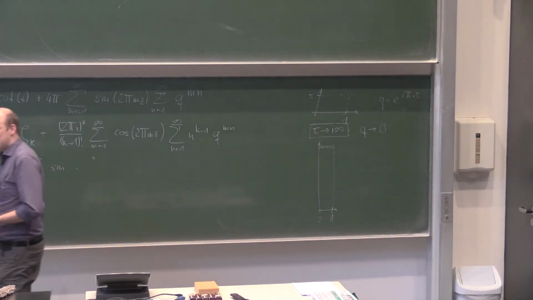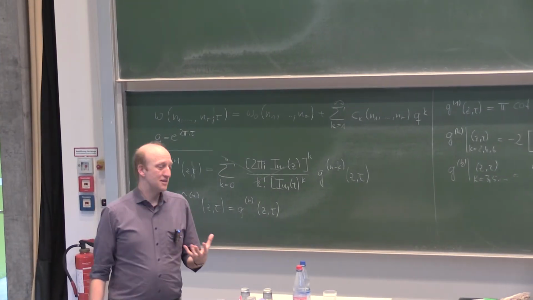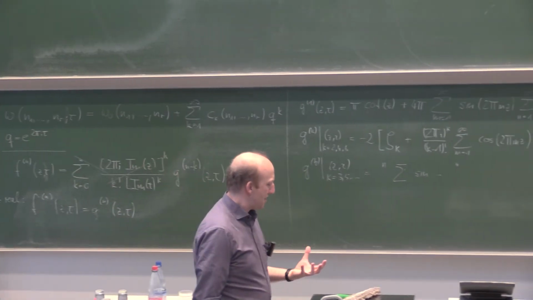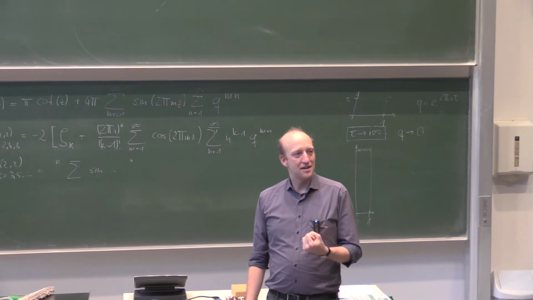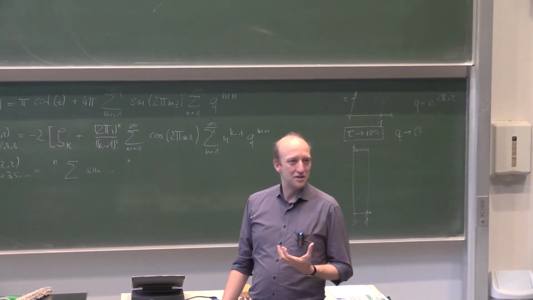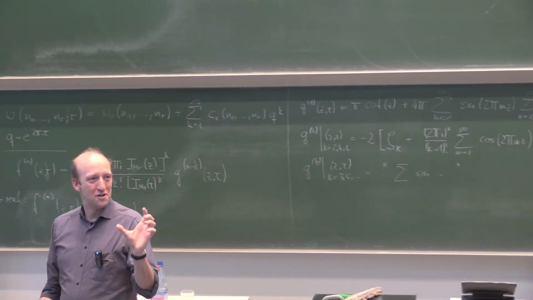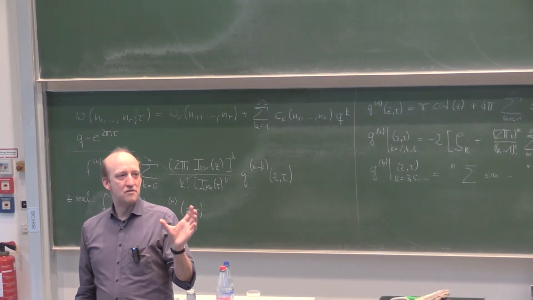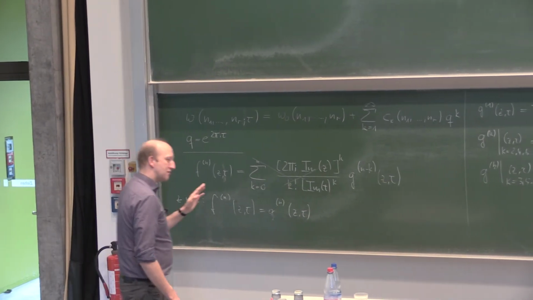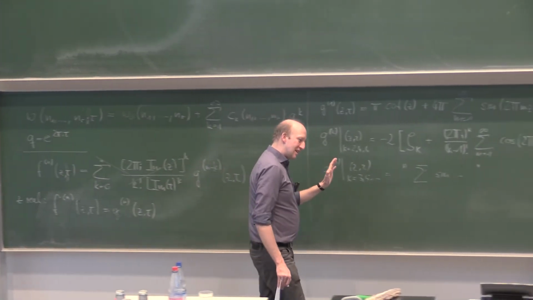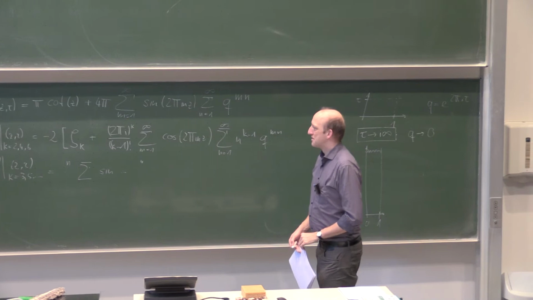This generating series he identified as the so-called Drinfeld associator. It is an object you probably have not heard about, but the Drinfeld associator is nothing else as a generating function for the usual multiple zeta values. So it is a combinatorial sum over all the multiple zeta values, and there's an additional structure with the free Lie algebra in there. But let's simply stick to the fact that this is a generating series for the multiple zeta values.